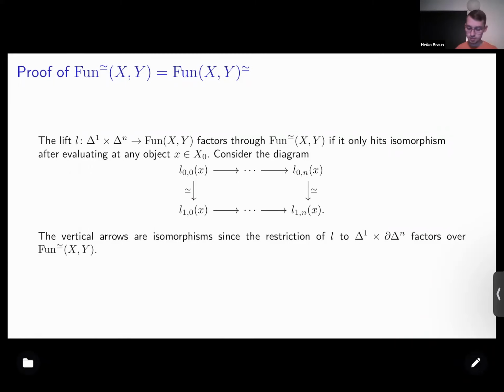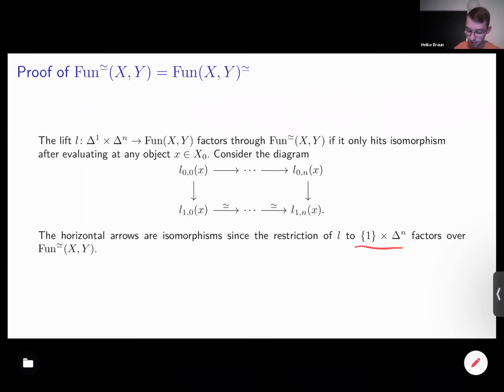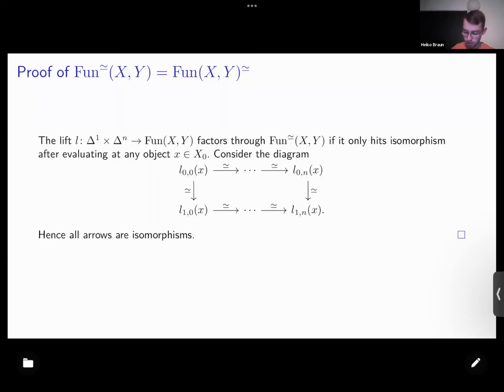So there it works. And again, when we restrict it to 0 cross delta n, then these ones will be isomorphisms. But this actually suffices. So in total, everything which we see, also the arrows which are not drawn, is an isomorphism. And that's the proof of the statement.